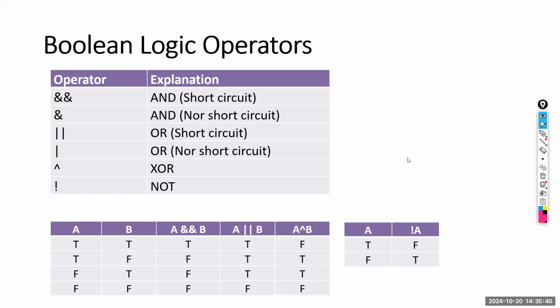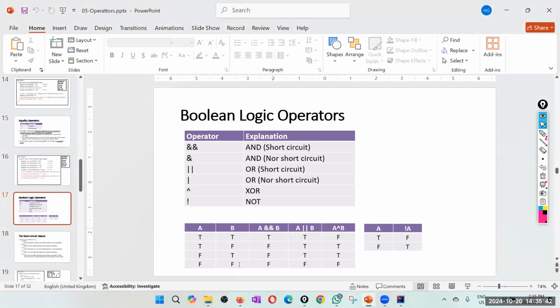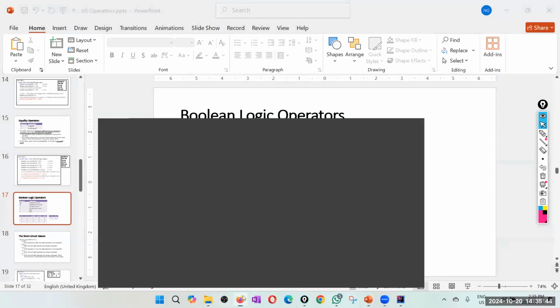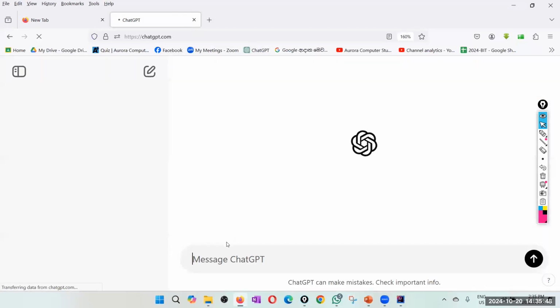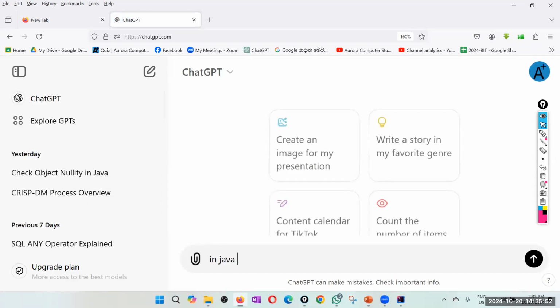For example, I will just show you what would be the answer from ChatGPT, just because otherwise you don't use these features. Right? In Java, what is the difference between the double and and the single and?